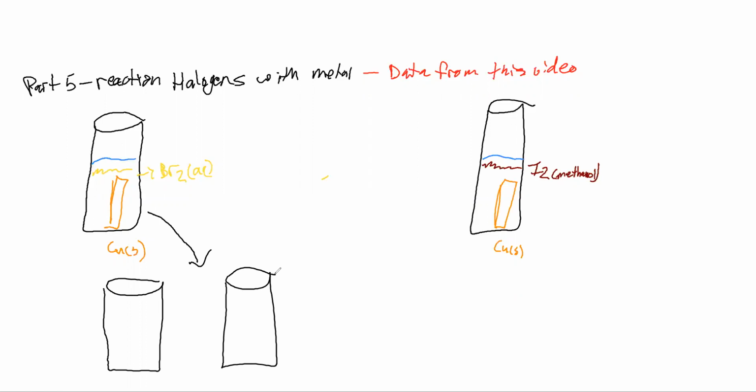What I've taken is the supernatant, just the liquid portion. And in the first one, I'm going to test for my bromine. So I'm going to add in silver nitrate.